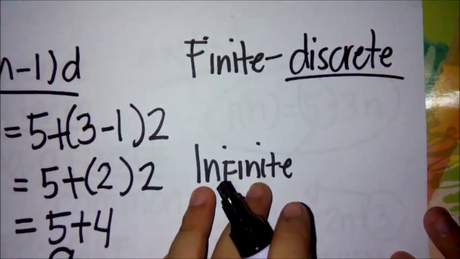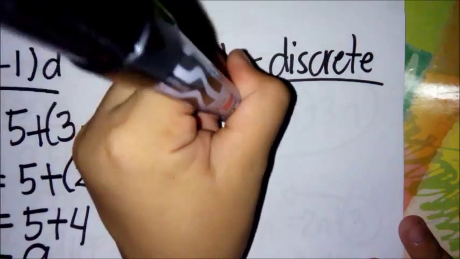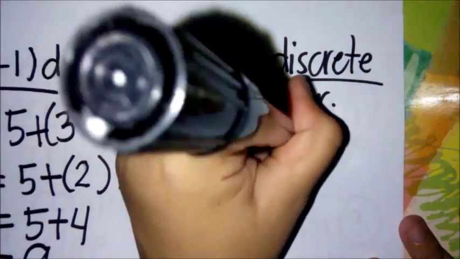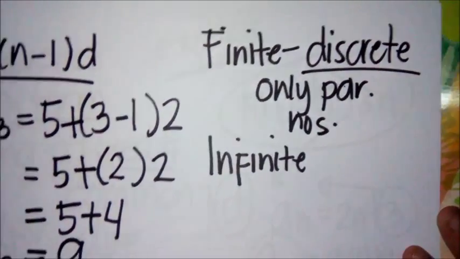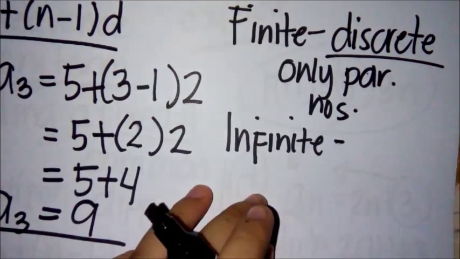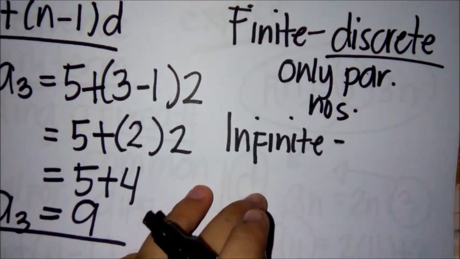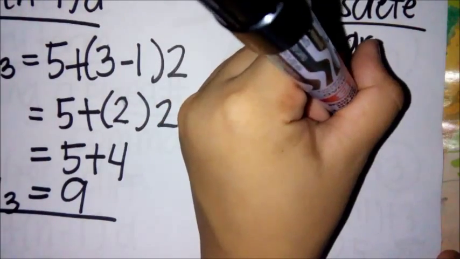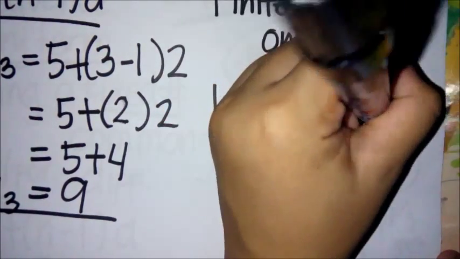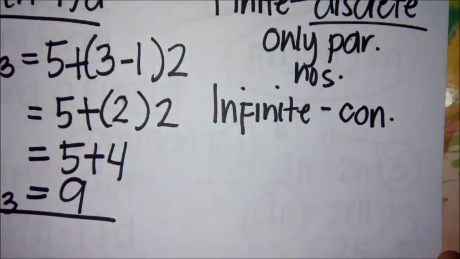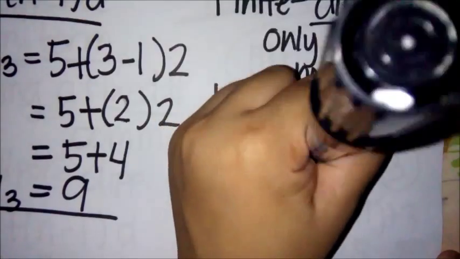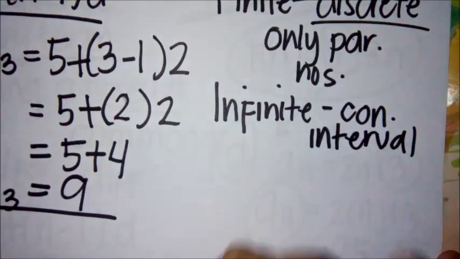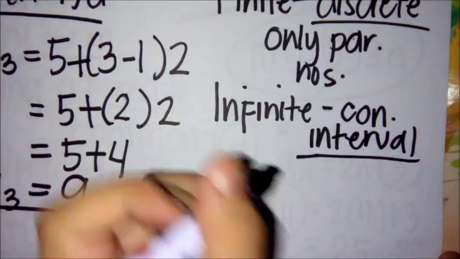Discrete means there are only particular numbers. While the infinite has a continuous interval. Meaning it doesn't stop.